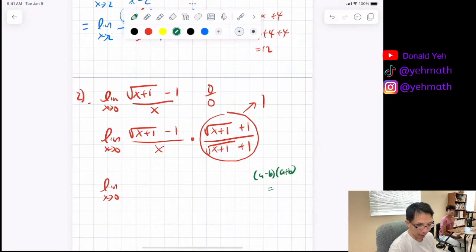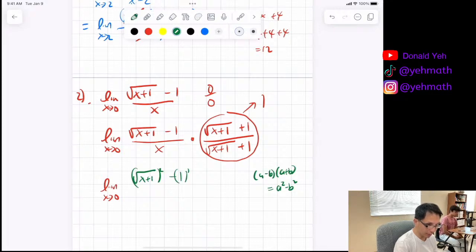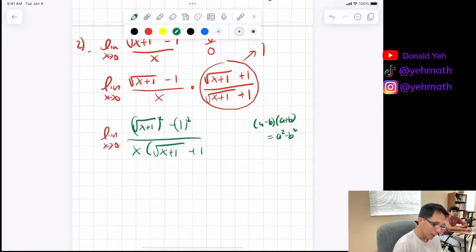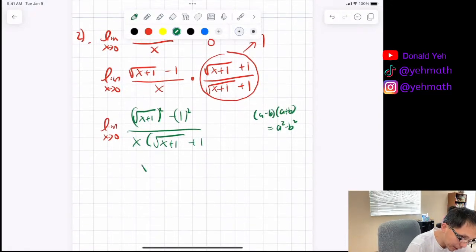If I multiply together, what am I going to get? a squared minus b squared. So it'll be square root of x plus 1 squared minus 1 squared. On the bottom, it's going to be like this. Now, what happens with this square? That's going to be x plus 1 minus 1 over x times square root of x plus 1 plus 1.